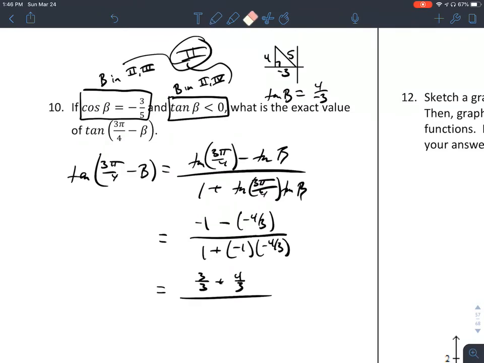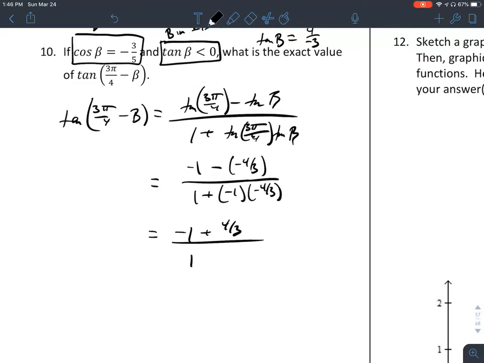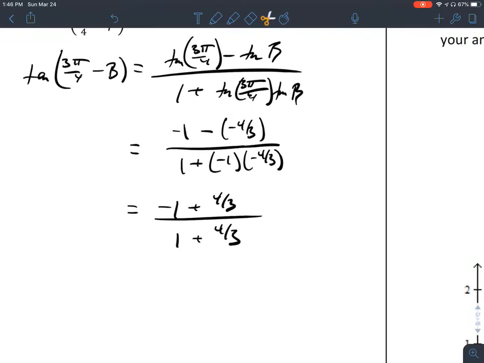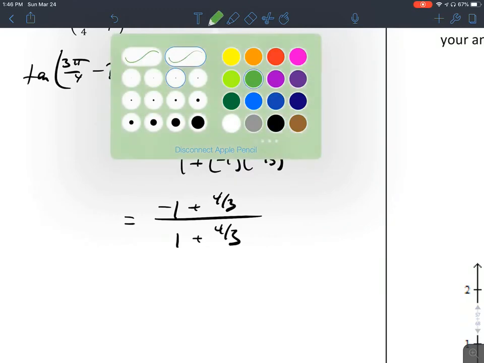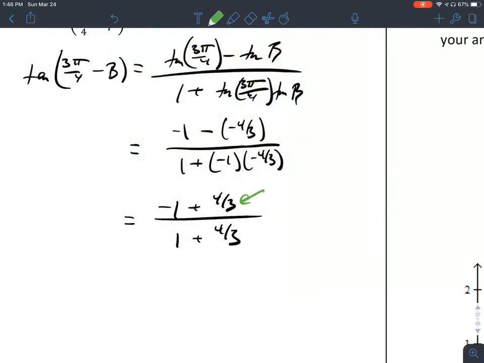Tell you what, let me show you a different way to reduce this without getting common denominators. -1 plus 4/3, and then 1 plus 4/3, like so. So one way to pursue this is to say, I don't want any denominators. So in the numerator, there's a denominator of 3.